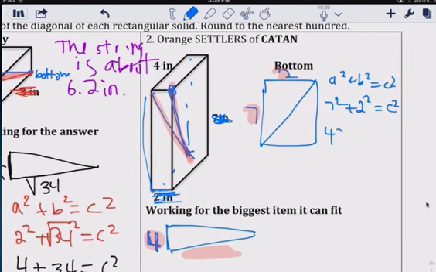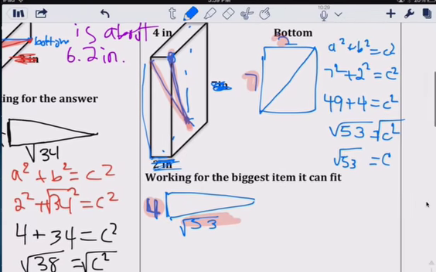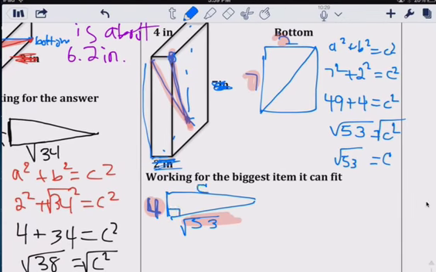So you got 49 plus 4 equals c squared. That gives you 53 equals c squared. Square root to square root. You leave that as a square root because you're going to use the square root of 53 right here. The square root of 53 goes there. From there you need to find the c here because it's a squared plus b squared equals c squared.